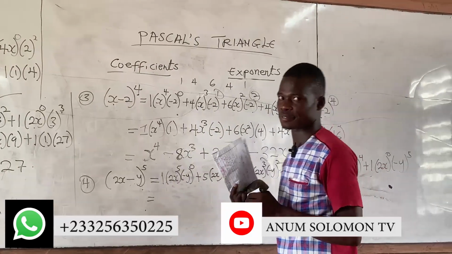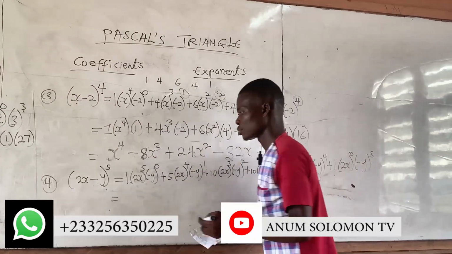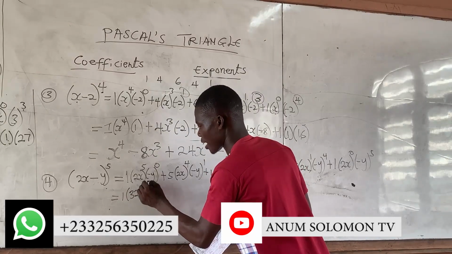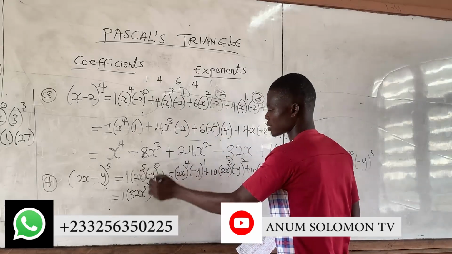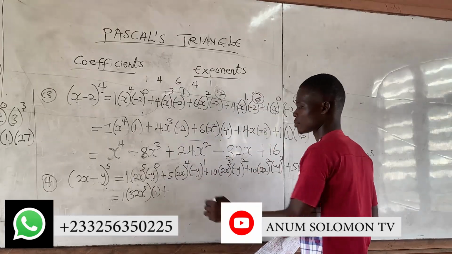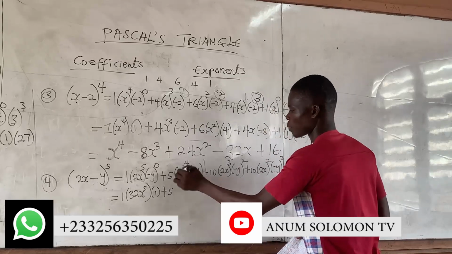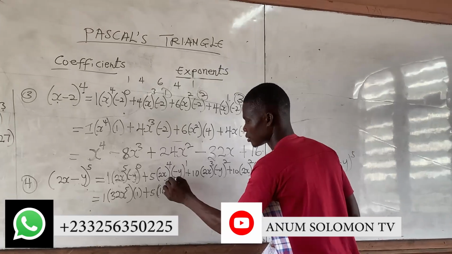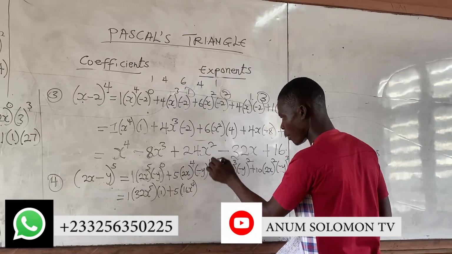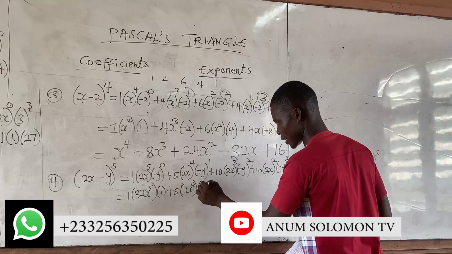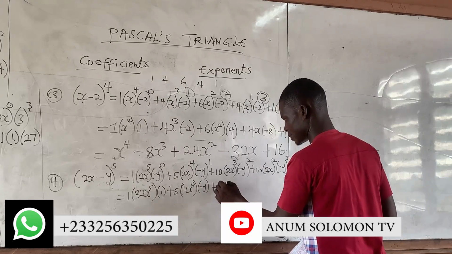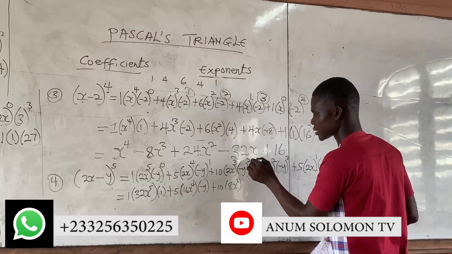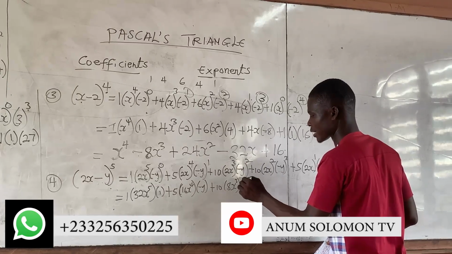So 2 to the power 5 is 32. So we have here 1 bracket 32x to the power 5, negative y to the power 0 is 1, plus our constant 5 is here. 2 to the power 4 is 16, we have 16x to the power 4, negative y to the power 1. Since the 1 is odd, we have negative y, plus 10. 2 to the power 3, we have 8x cubed.